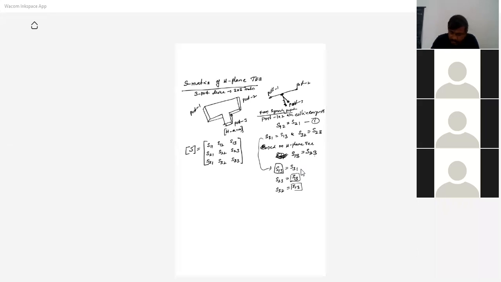All these four cases you write simply as S13. So now you can write our S matrix.